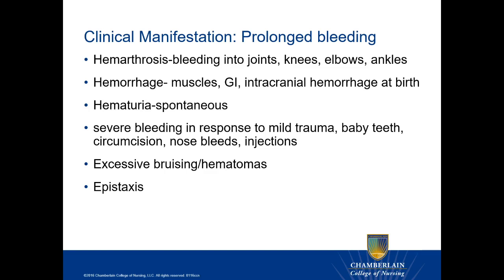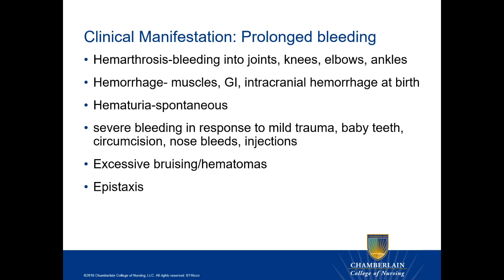What else? Hemorrhage, it can be anywhere. It can be spontaneous hemorrhage. Hematuria, intracranial, GI. Intracranial hemorrhage may happen at birth if we didn't suspect that this child already had hemophilia and he came through the birth canal. Chances are there's going to be significant bleeding.